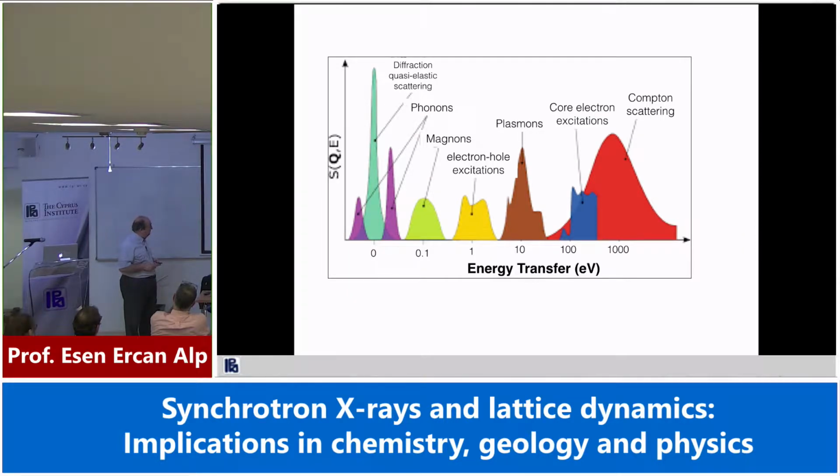Now, if you look a little closer at the scattering, you can find out that there are so many different things that go on inside the solid. Right? There's something called Compton scattering, which differentiates valence electrons from the core electrons. As you know, electrons in the atoms are in shells, but when you put them together and make a solid, some of the electrons go into the valence band, like in metals, and they spread out.